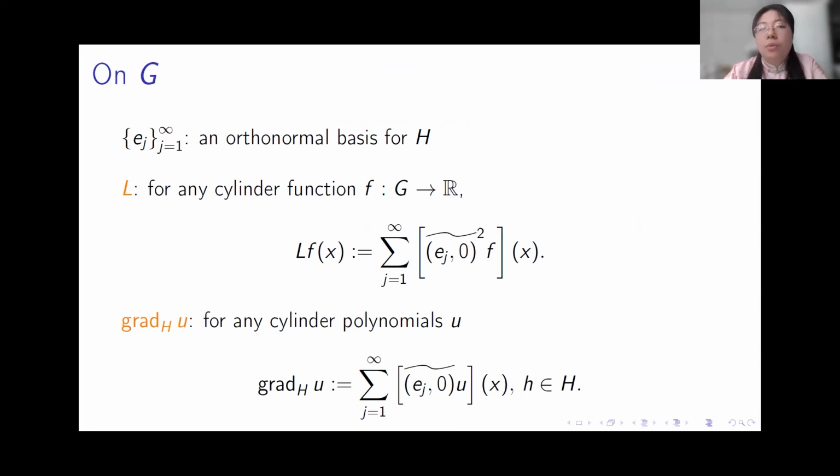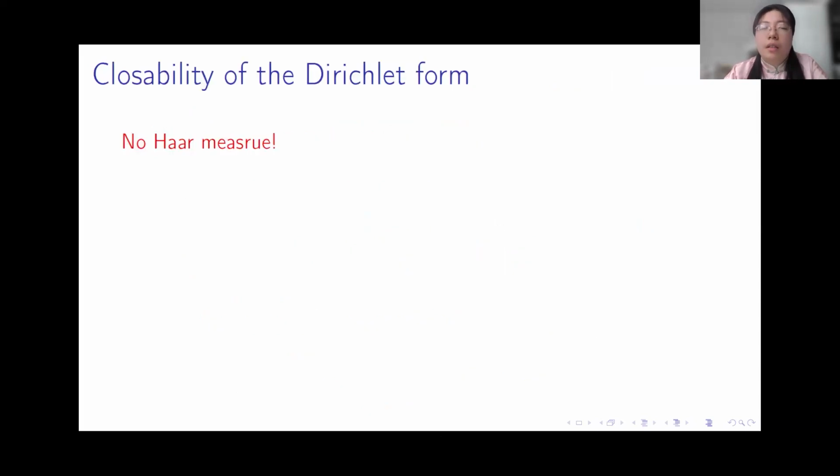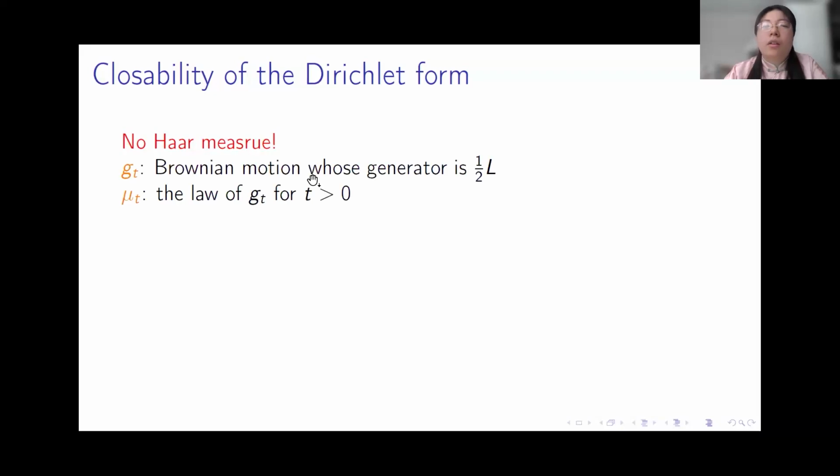However, if you want to prove a log-Sobolev inequality for this sub-elliptic operator, there is some fundamental difficulty. That is, there is no Haar measure available in the infinite dimensional setting. But still, using the idea of stochastic quantization, you can get an analog of the heat kernel measure.